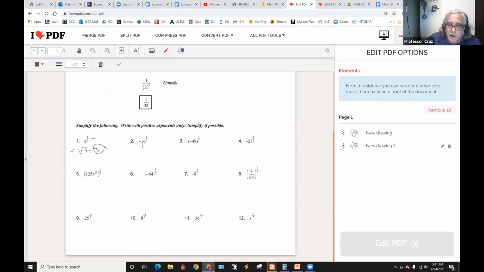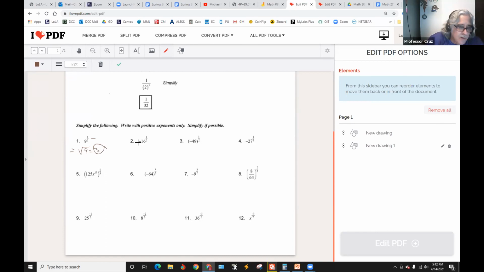All right. Now realize there's a difference between 2 and 3 here. So we got to make sure we understand that. We talked a little bit about this. I think it's in chapter 2. Whatever the exponent is touching is the base. So in this case, the 1/2 is only touching the 16.